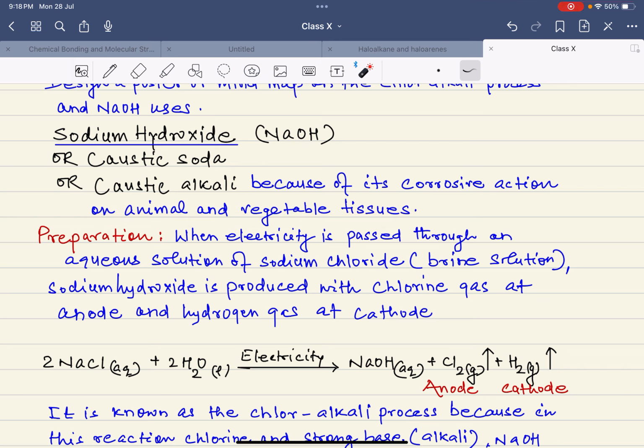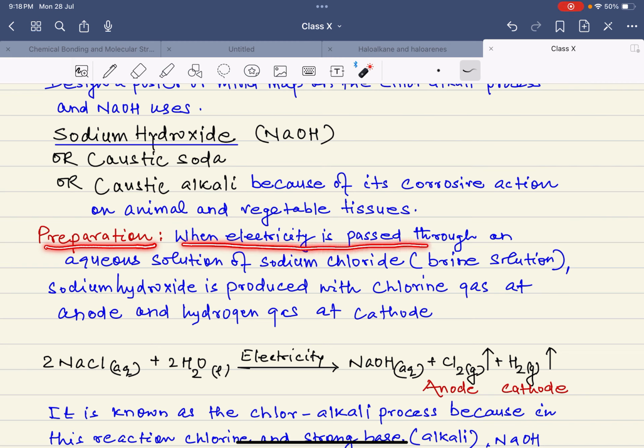So, why caustic alkali? Because of its corrosive action on animal and vegetable tissues. Then, how to prepare NaOH?